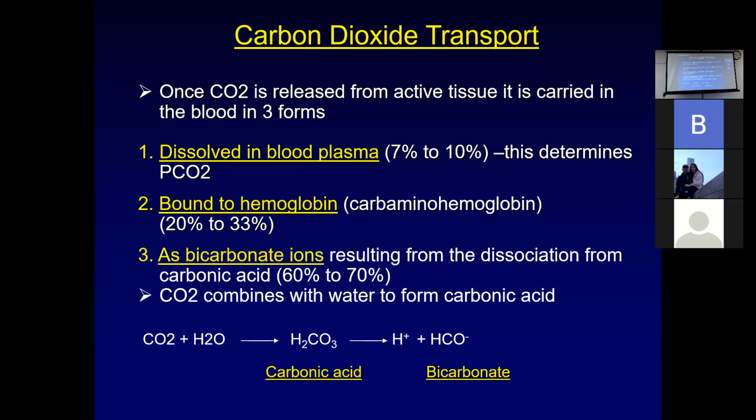Okay? So you guys have heard of something called lactic acid, yes? Lactic acid is something that is formed at the end of glycolysis, which is a type of anaerobic metabolism. You make lactic acid, make a little bit of energy.